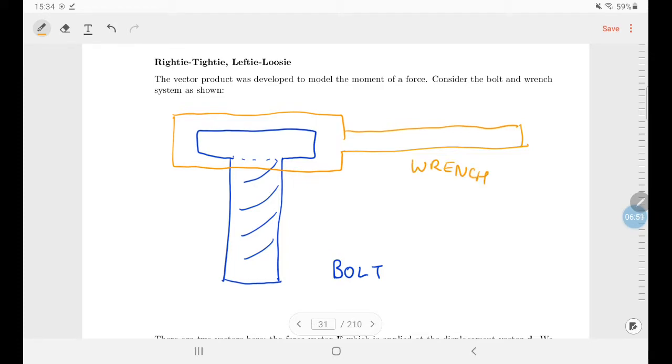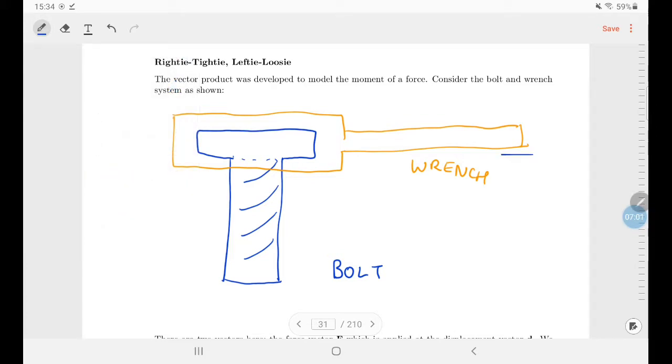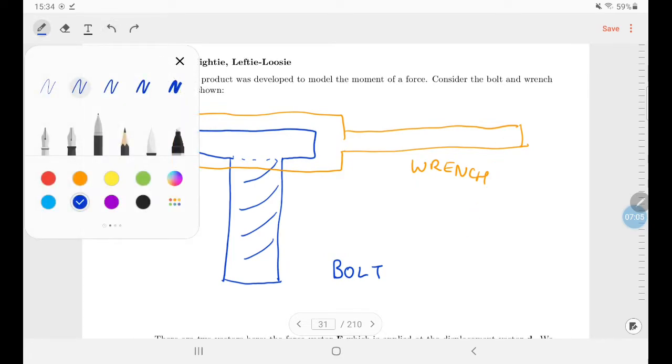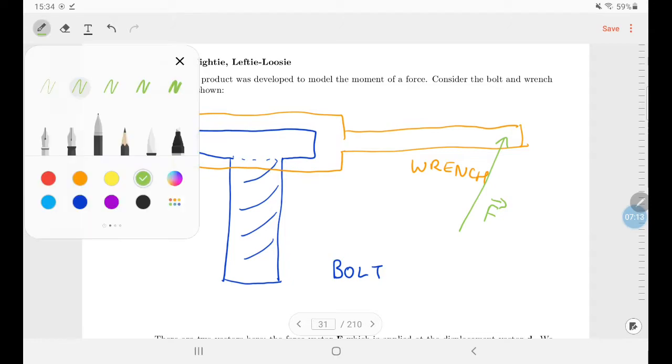Now, how do you cause a moment in the bolt? Well, you apply a force somewhere on the wrench. So if I have a force here, you apply a force here. Now, the next question is, where is the force?